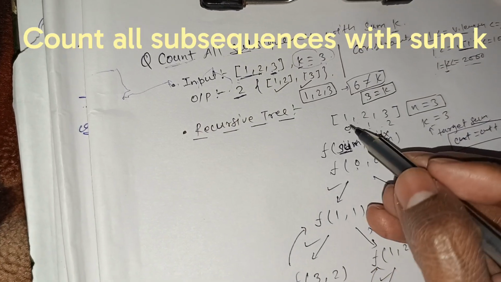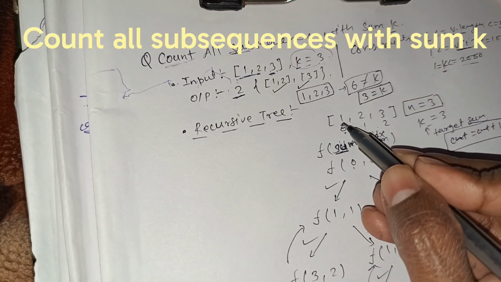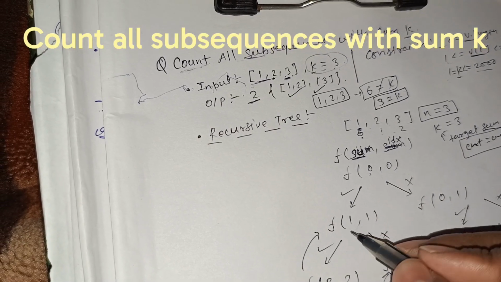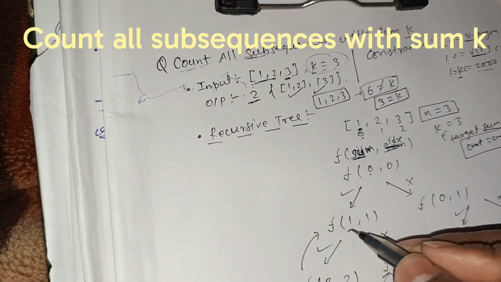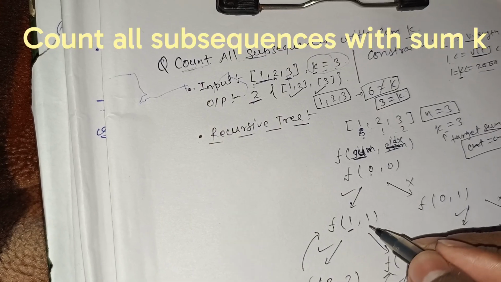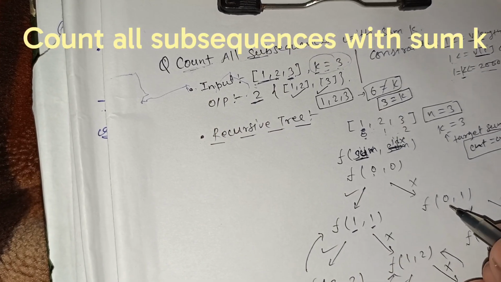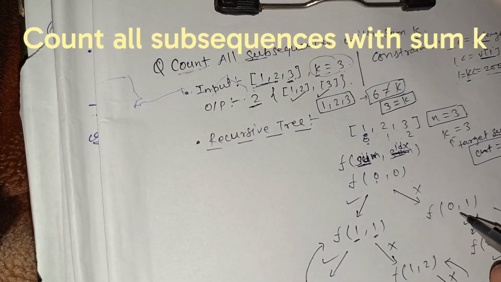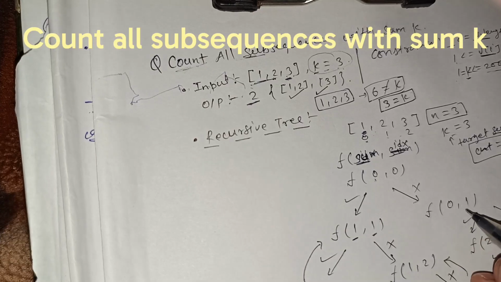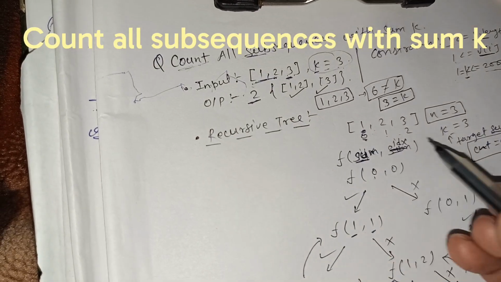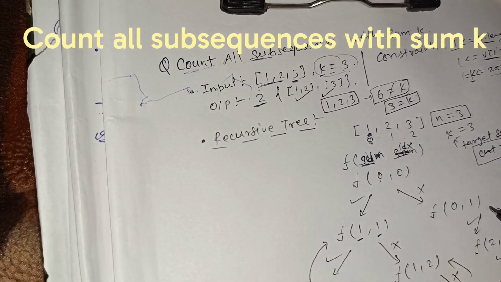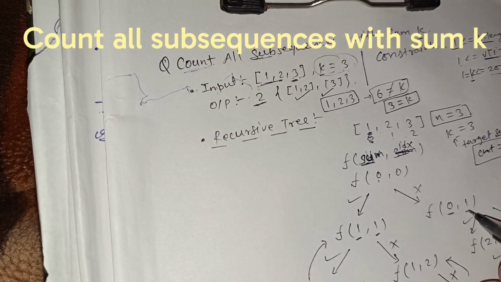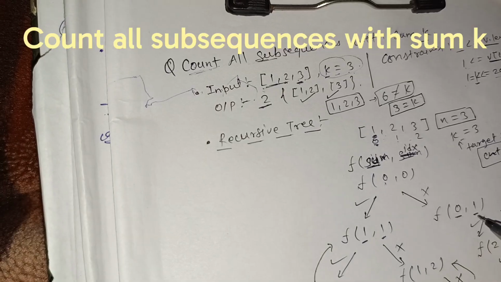We can take this element 1 or not take. If we take, the sum will be incremented by 1 and index will be incremented by 1. On the other way, if we do not take the element at the 0th index, then the sum will be 0 and index is also incremented by 1.